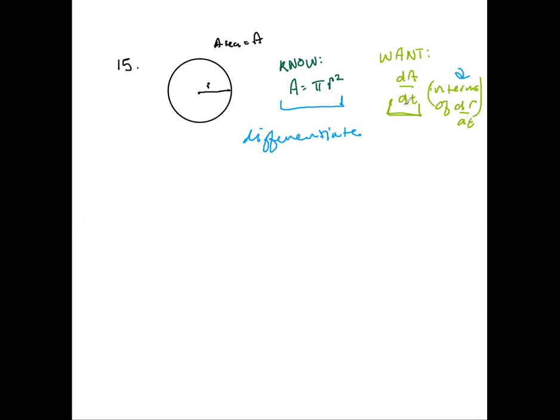What exactly do we want? I want how the area changes with respect to time. So I'm going to differentiate this equation with respect to time. And this works because A is a function of r, which is a function of t. So both of these, A and r, are dependent on t. Neither of those are constants.